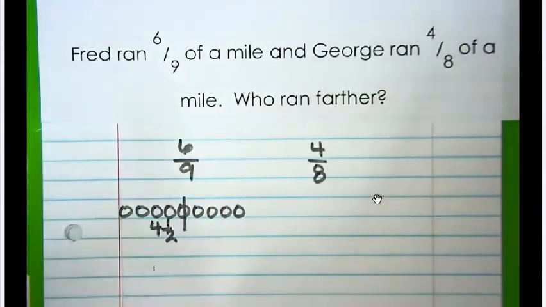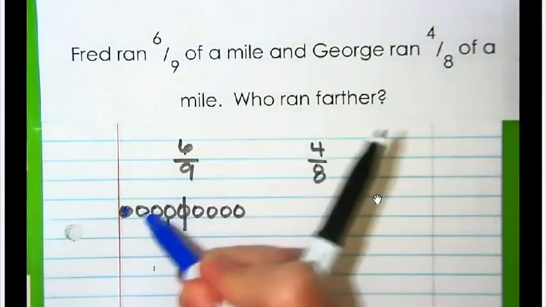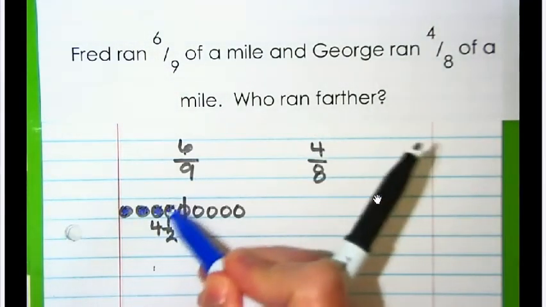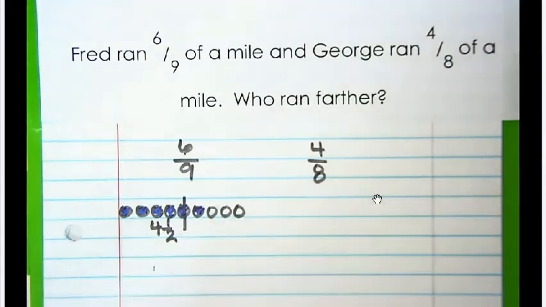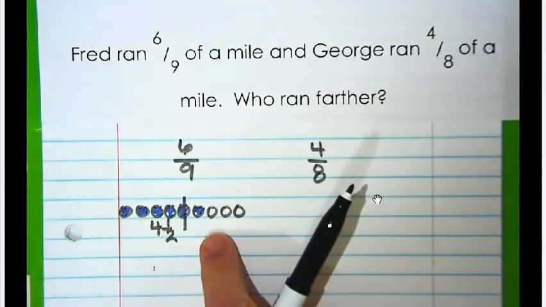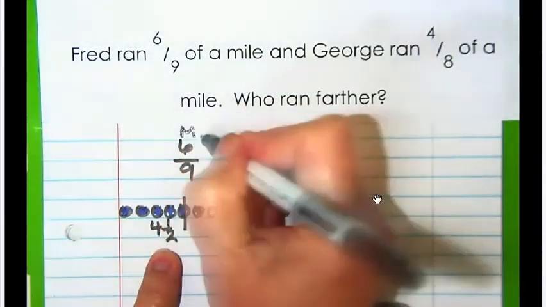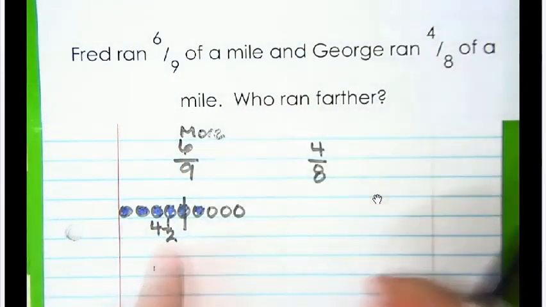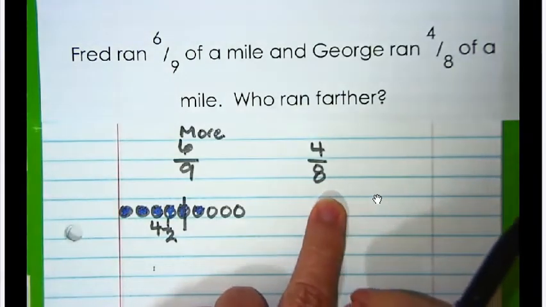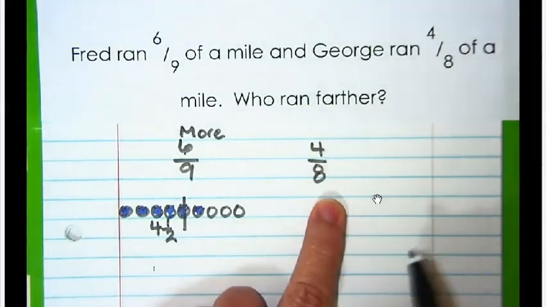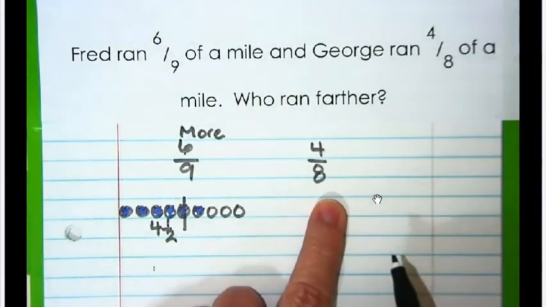Well, we have 6 of them. So 1, 2, 3, 4, 5, 6. Which means we have more than what it takes to be half. So we're going to have more. So let's come over here to 8. And if we think about what is half of 8, well, half of 8 is 4.